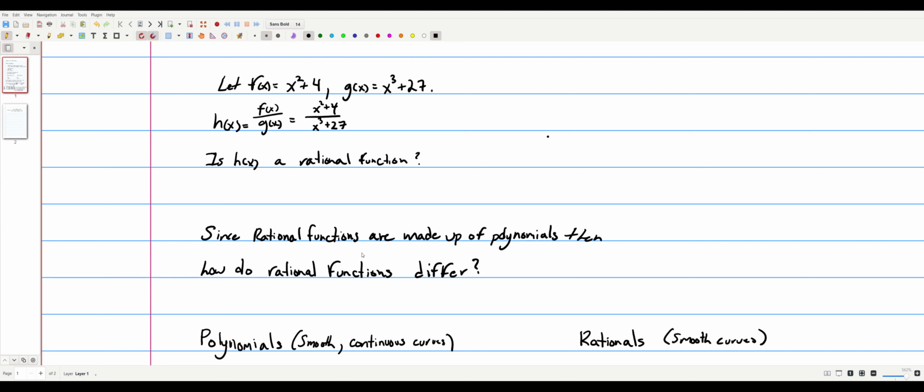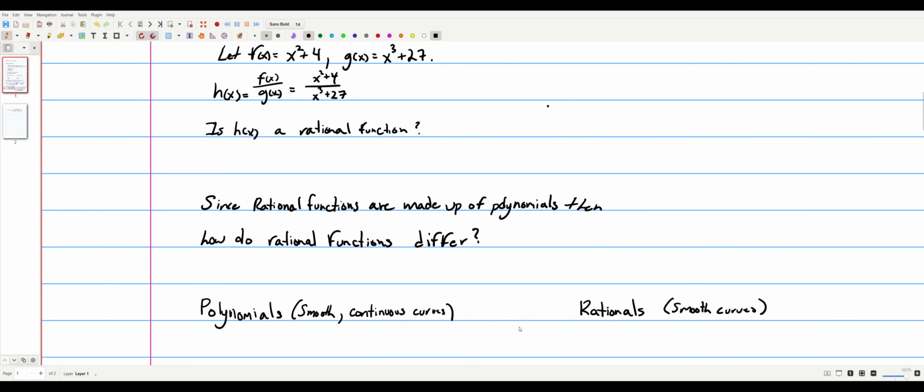And the continuous part talks about the fact that we can draw a polynomial from beginning to end without picking up our pencil. If you look over to the rationals, you'll see that we've lost the continuous part of our characteristic. So rationals are just smooth curves, which means that they may not necessarily be continuous.